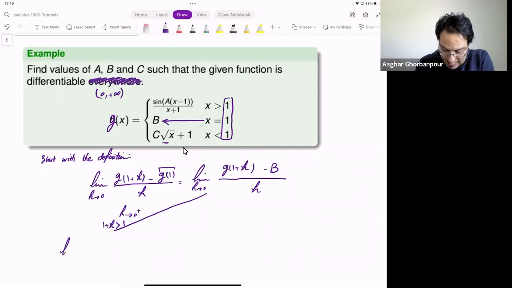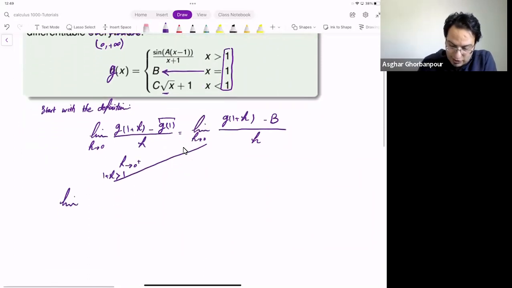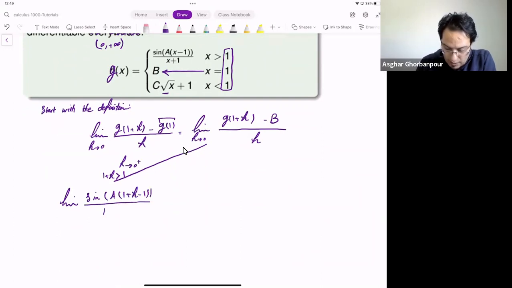So in that case, the formula we have to use is sine of A times (1 plus H minus 1) over (1 plus H) plus 1, okay? And then minus B over H as H goes to 0 plus.